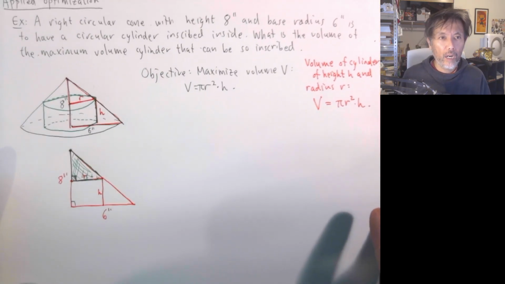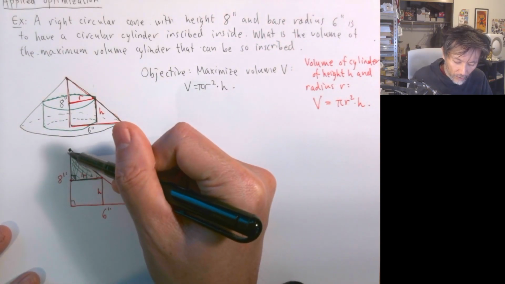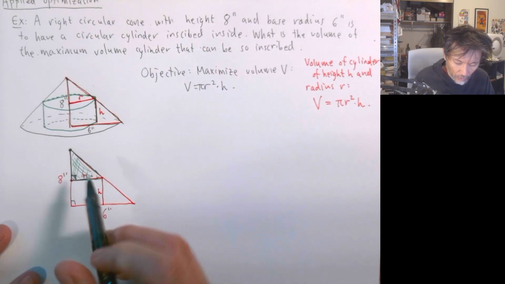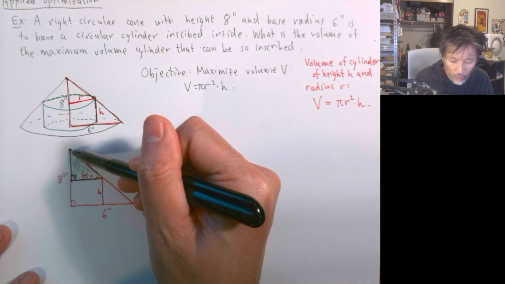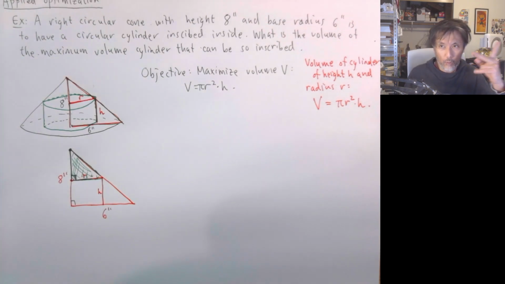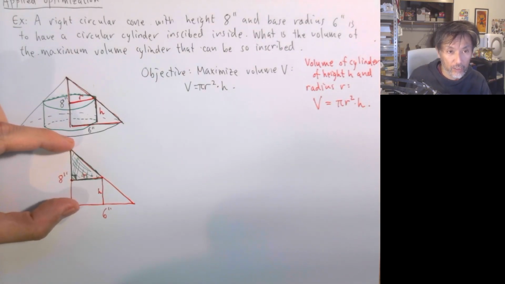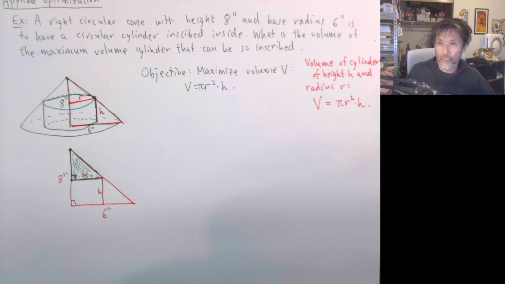Lovely. Now, what's nice about similar triangles is that ratios of corresponding edges in a pair of similar triangles are equal. So, for example, if I'm looking at the green triangle and I take the ratio of this leg of the triangle and that edge of the triangle, that ratio of vertical to horizontal is equal to the ratio of vertical to horizontal on the big triangle by virtue of the fact that they are similar triangles.